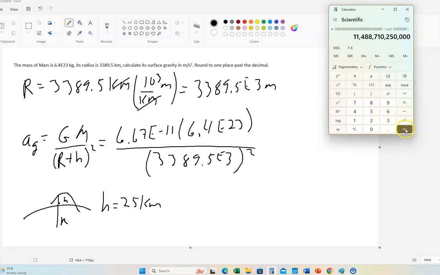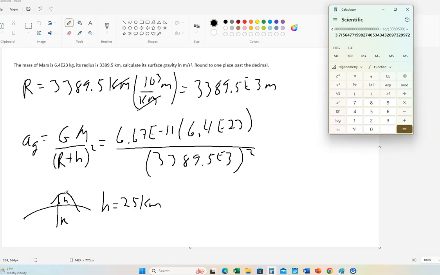Squared, and then the answer is, so if we were to, I'm just rounding it to one place past the decimal, but just for the sake of comparing it to Olympus Mons, from the top of Mount Olympus Mons the surface gravity is going to be slightly smaller, as we're going to see in just a second.